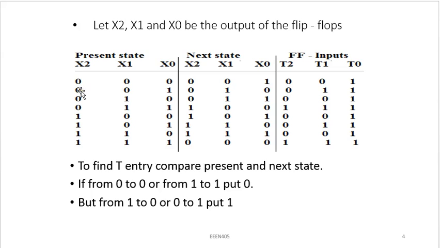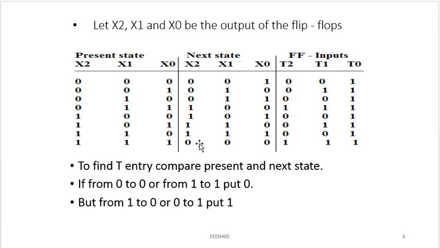When we come to the second row, present state 001, in the next state we should have 010, which is equivalent to 2, until our present state reaches the maximum value 111, then our next state should reset to the initial value, which is 000.